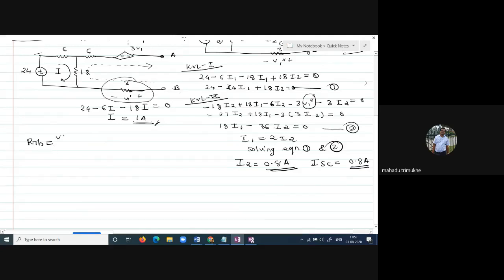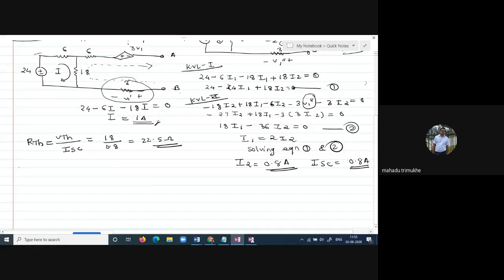That is nothing but your VTH divided by your ISC, 18 divided by 0.8. That is nothing but 22.5 ohm. That way you have calculated RTH.